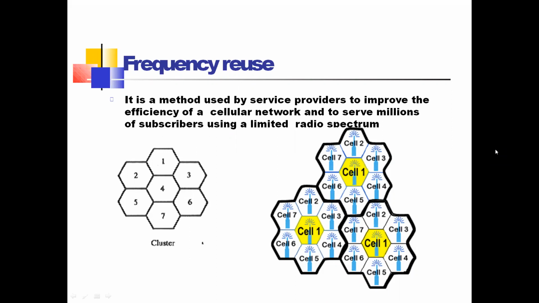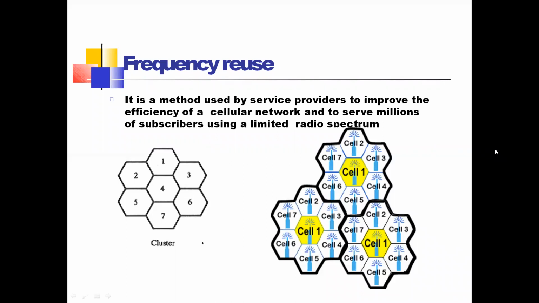Frequency reuse is a method used by service providers to improve the efficiency of a cellular network and to provide better services to more subscribers in a limited radio spectrum.